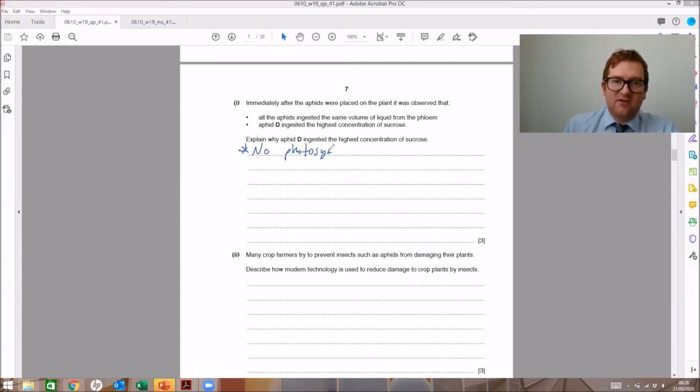And if there's no photosynthesis, then there's no glucose being made at the leaves. So there's no glucose, which in turn means there's no sucrose being made at the leaves. That is important.